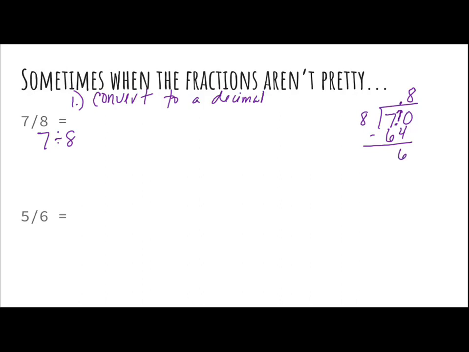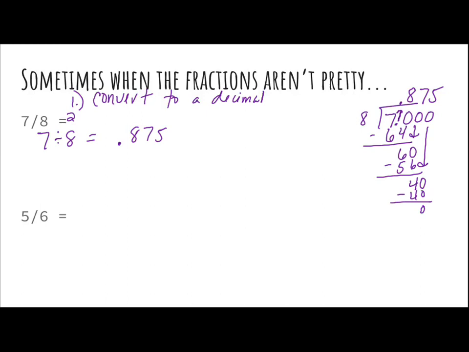Subtract and I have 6. Add a 0, bring that down. 60 divided by 8 would be 7. 7 times 8 is 56. Subtract and we have 4. Add a 0, bring it down. 40 divided by 8 is 5. 5 times 8 is 40. Subtract and bring it down. So I know as a decimal, I get 0.875.